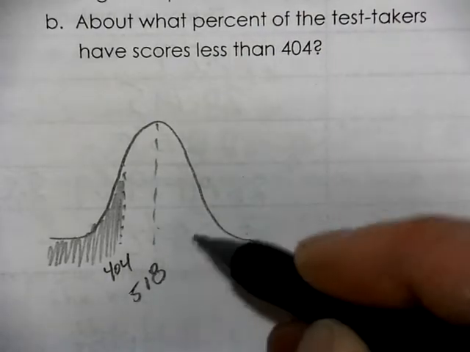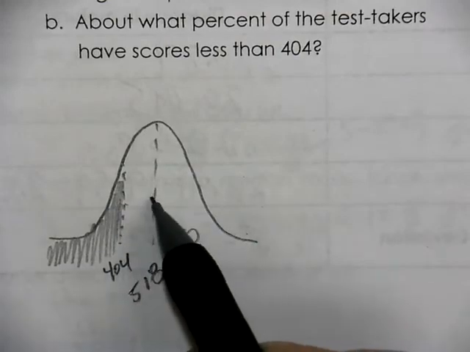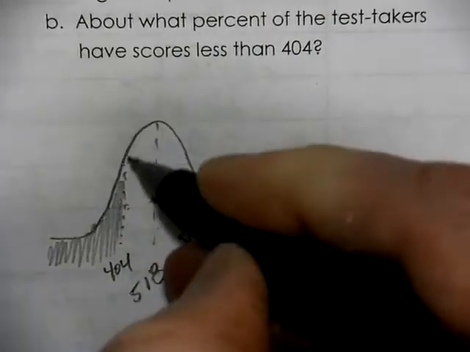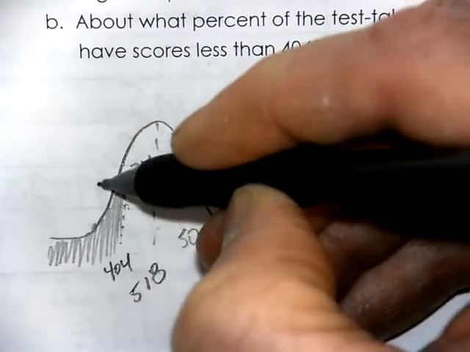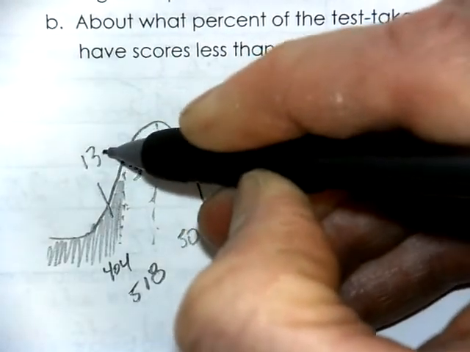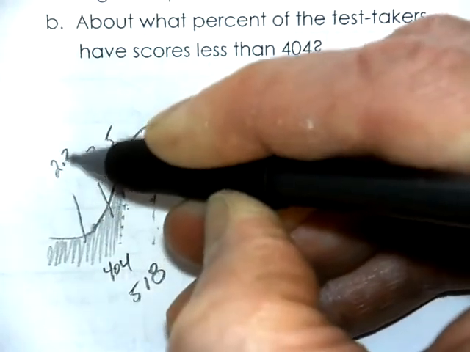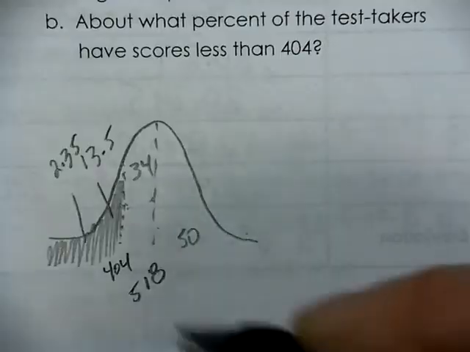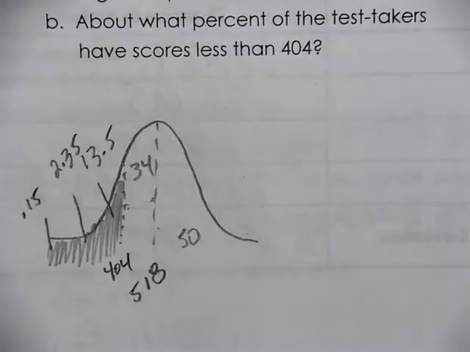Everything above the average is 50%. Between one standard deviation and the average is 34. So here we have a 13.5. And here we would have a 2.35. And down here we would have a 0.15.